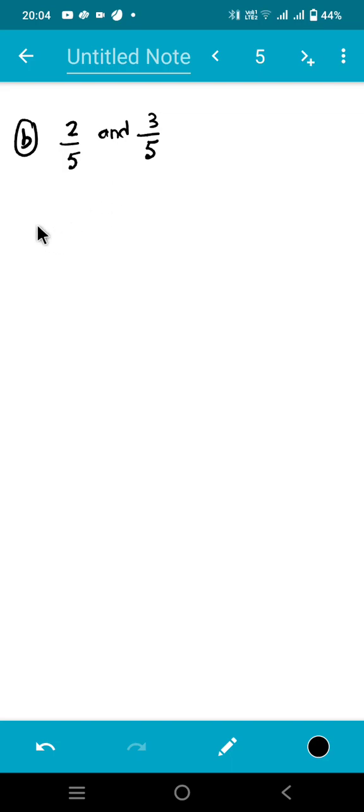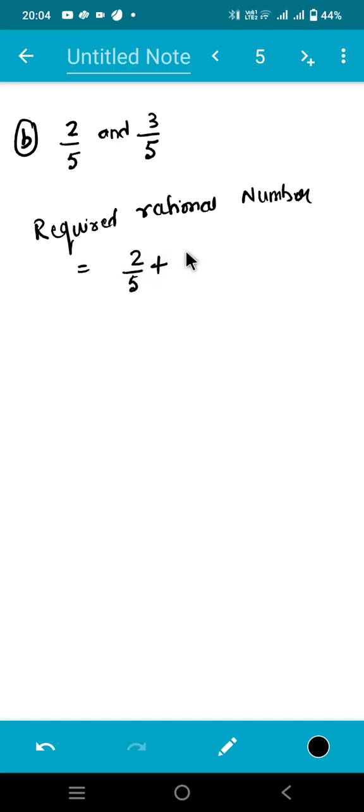Only one. So again you will write the required rational number. Same thing you have to do here also. That is, 2 by 5 plus the other given rational number, and the sum you need to divide by 2.